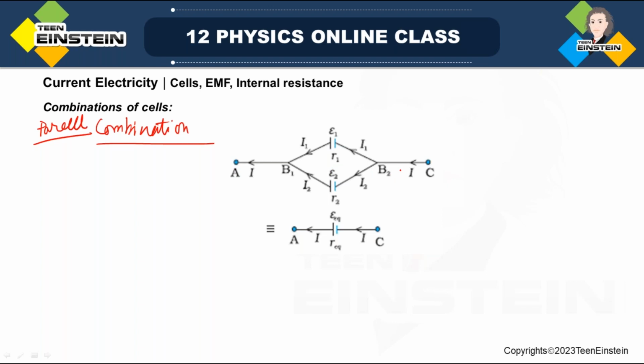So you can see that at B1 and B2 points, the current has actually two paths here.